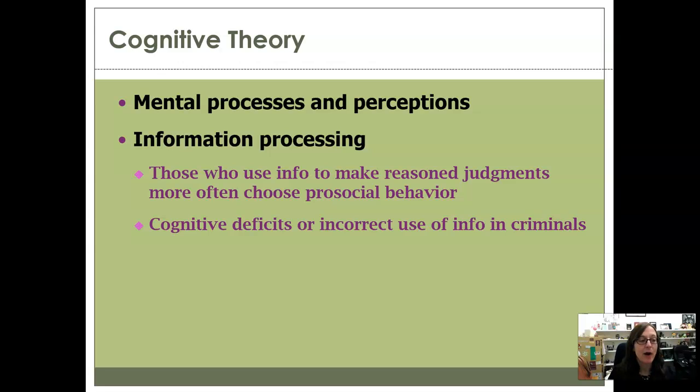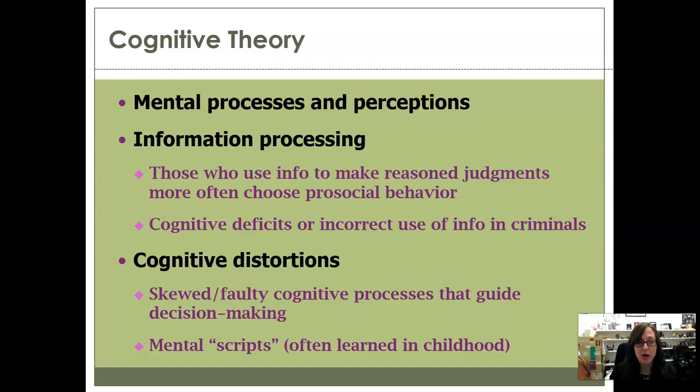And crime-prone people may have some kind of cognitive deficits, or they use the information incorrectly when they're making decisions. So there's something different. Again, keeping in mind that we're not talking about situational, petty crime. We're talking about major crimes. There's going to be some kind of cognitive deficit, or they're not seeing things the way that everybody else does. So they're not using the information correctly.